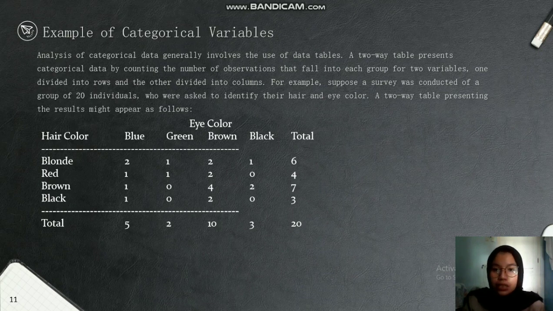For example, suppose a survey was conducted of a group of 20 individuals who were asked to identify their hair and eye color. A two-way table presenting the results might appear as follows.